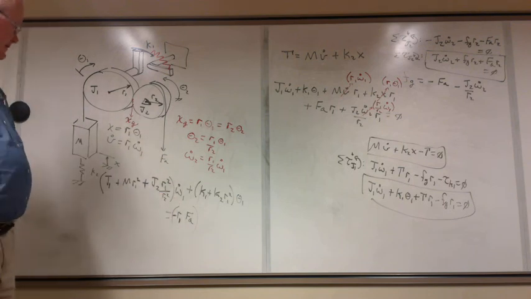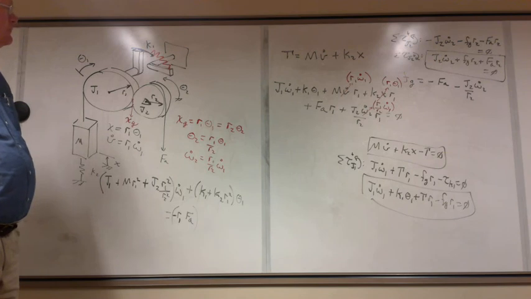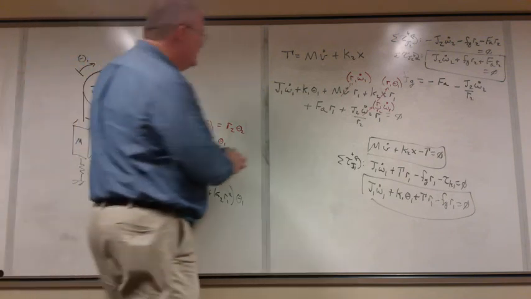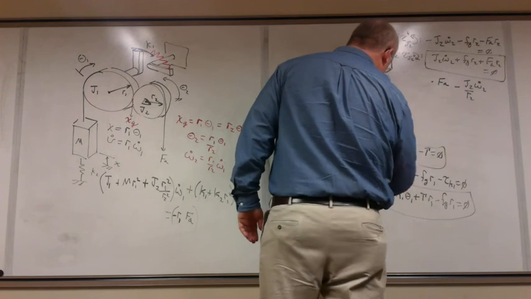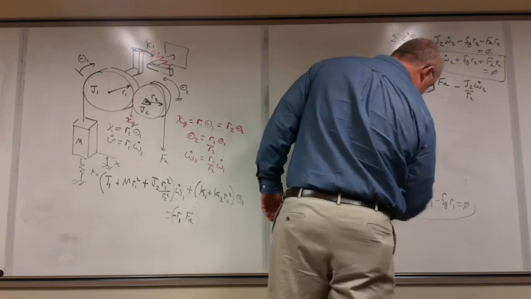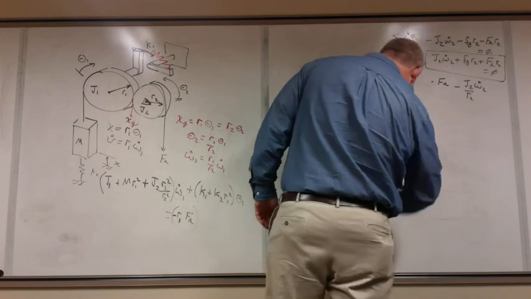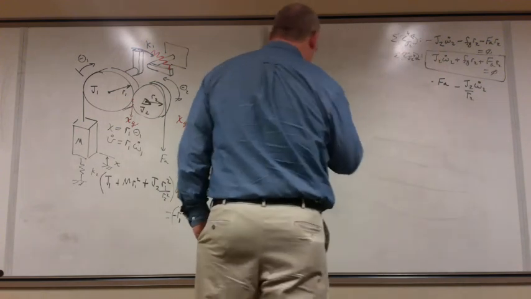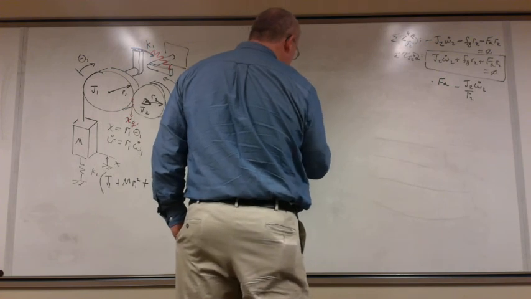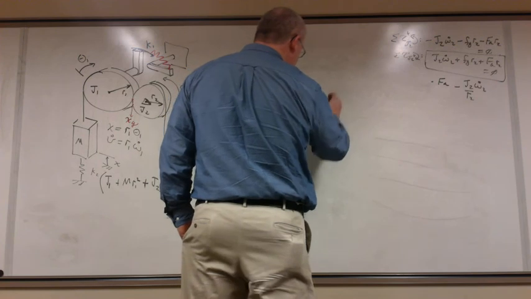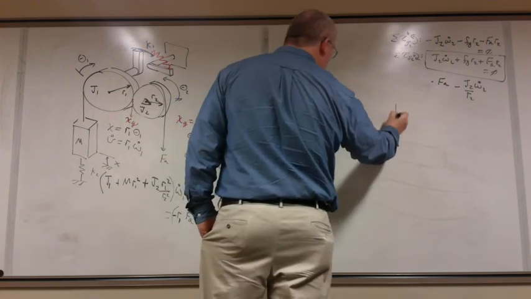So we can now put this in state space form. I guess that's probably enough for now. I can delete this stuff. Putting it in state space form: 0, 1.